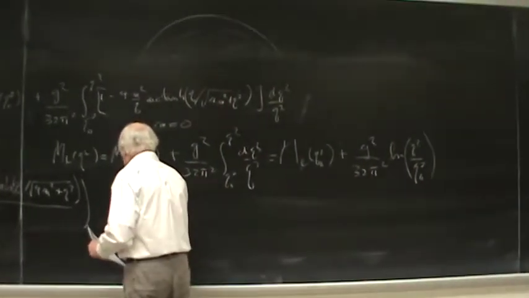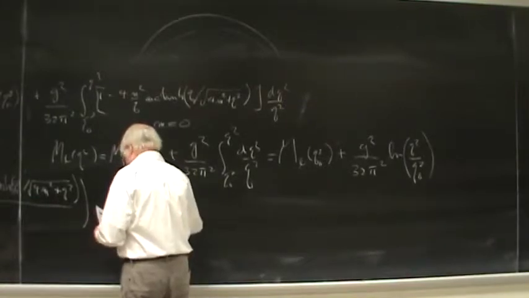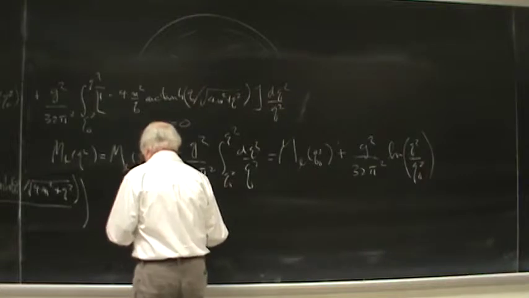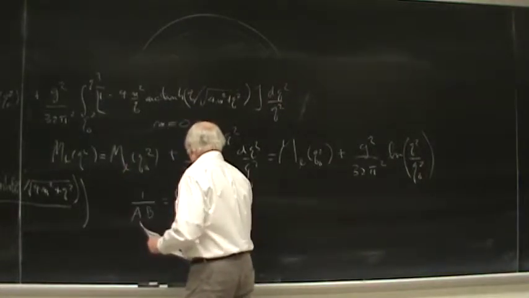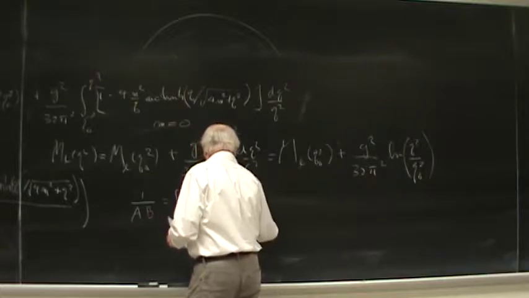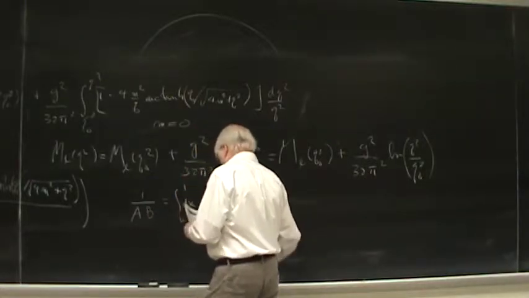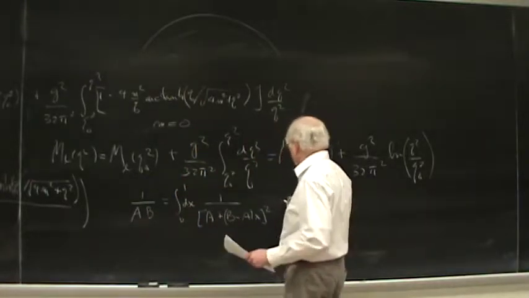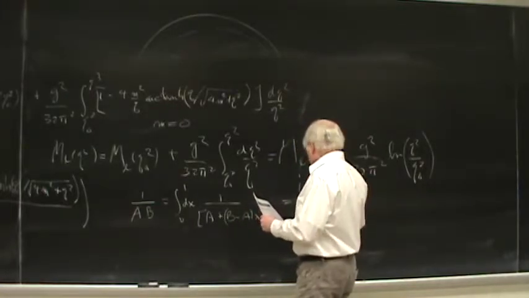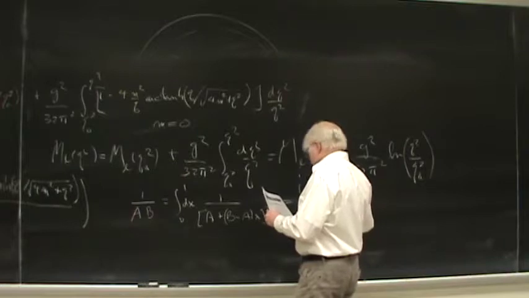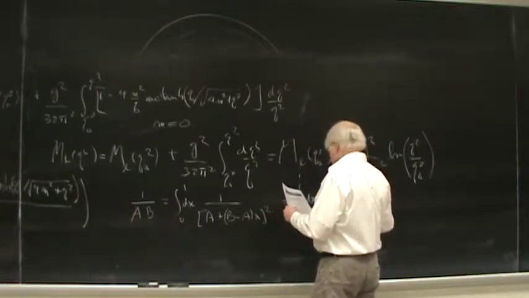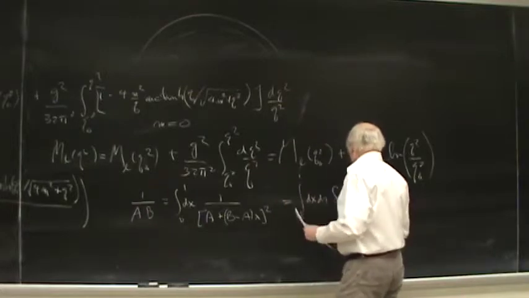One is the result 1 over AB. I derived this for you last time, I think, or the time before that. It's the integral dx 1 over a plus (b minus a) x, squared. And another way of writing that is the integral 0 to 1 dx dy delta of x plus y minus 1.